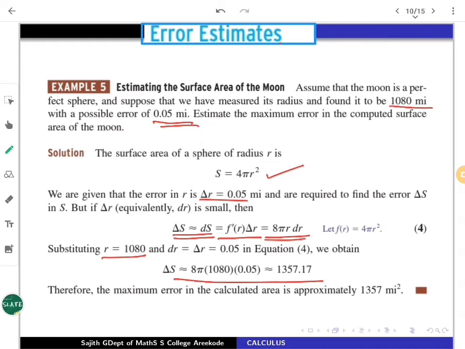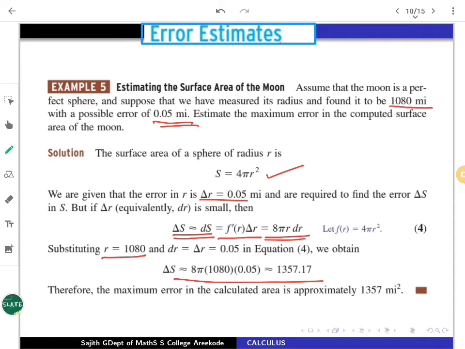So this is one of the best applications that you can see. This is not the only way of understanding what exactly is the error here. To make the picture very clear, you can talk about the relative way also, or the percentage way also.